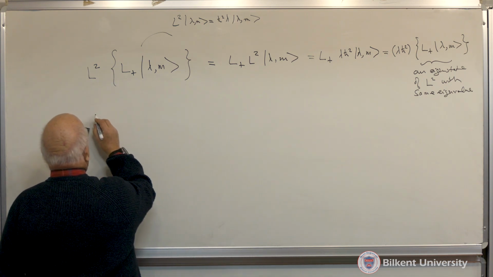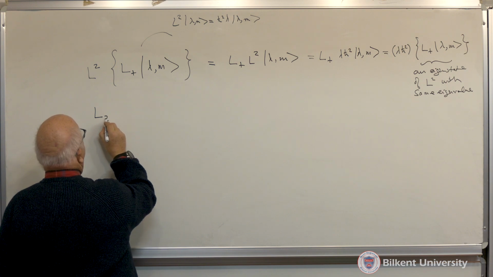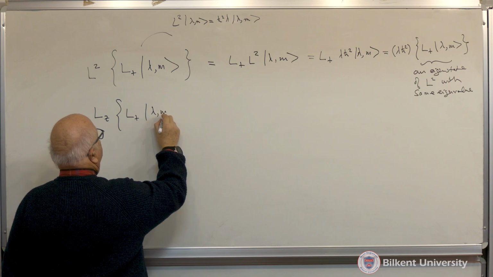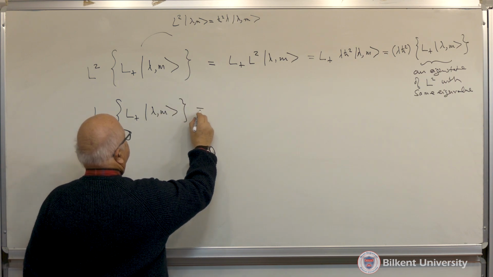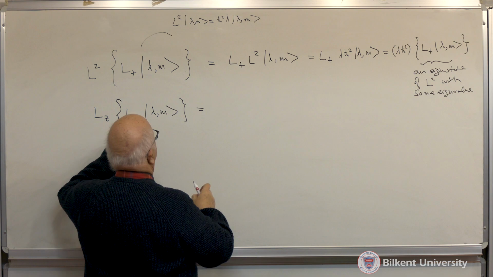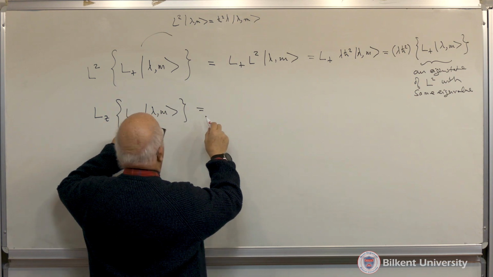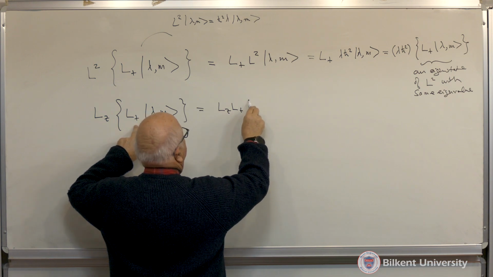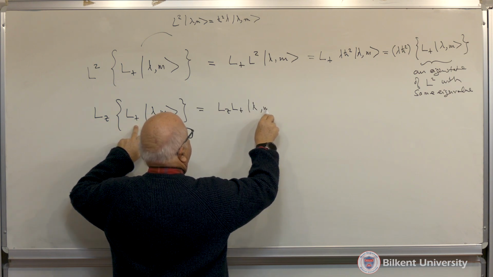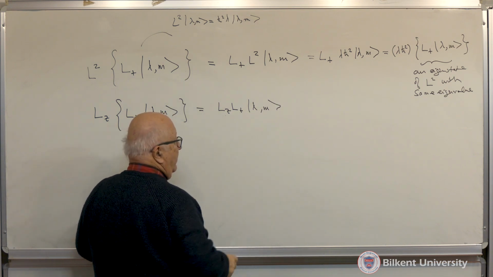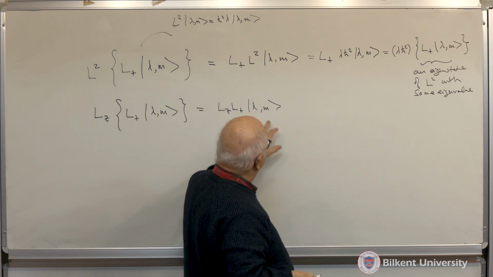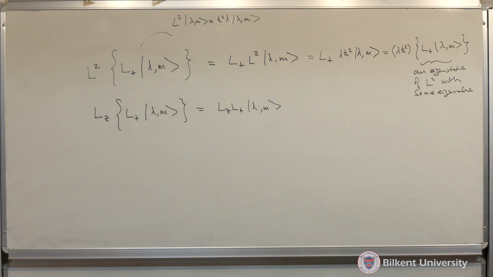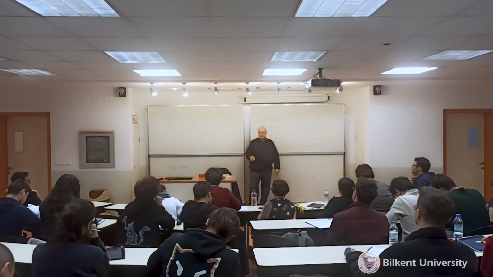Let's see what it does to Lz. So Lz L plus lambda m. Now I have a commutation relation between Lz and L plus, which gives me plus h bar L plus, right?